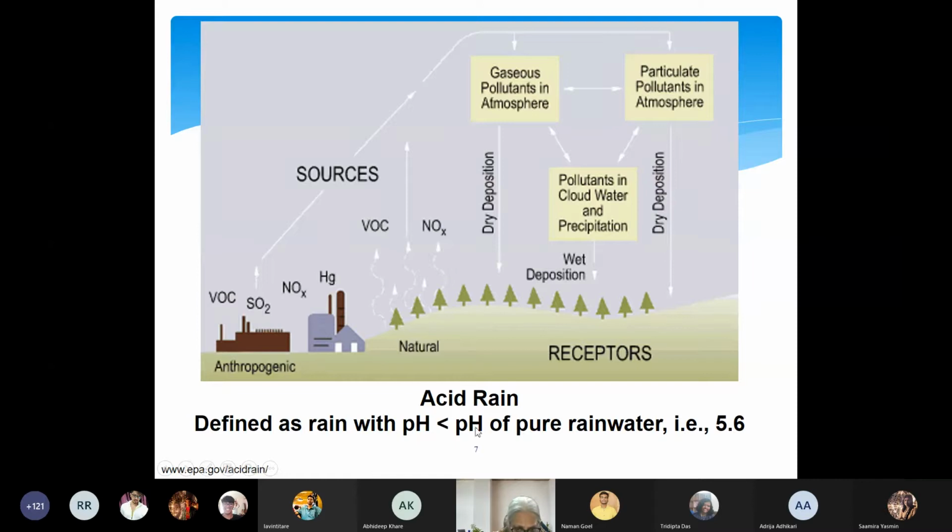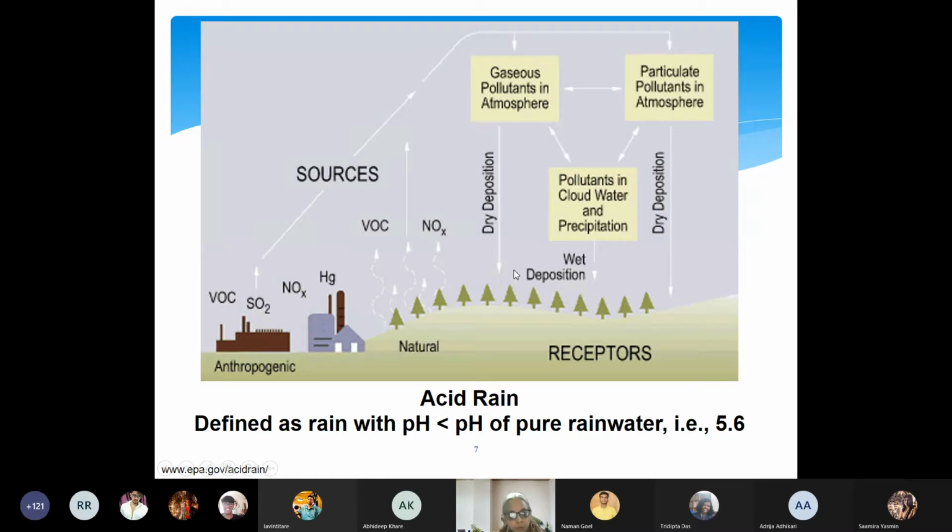And the pH of rainwater is less than what is called pure rainwater, which means 5.6, and we're going to go through the derivation of this in the next few slides. So this is all that happens. And so you have these gaseous pollutants in the atmosphere.